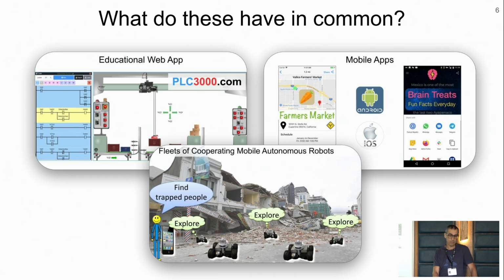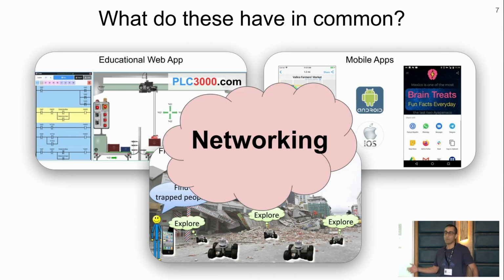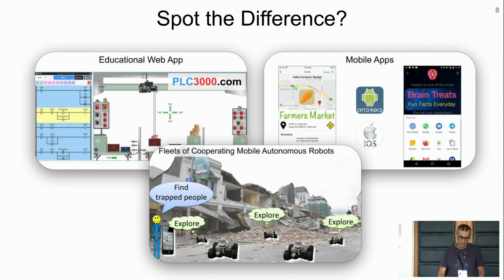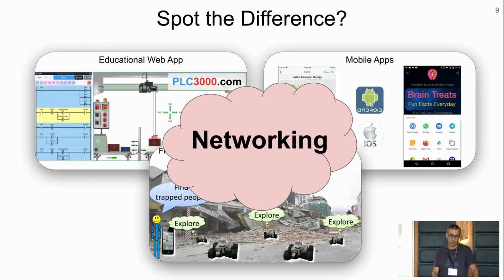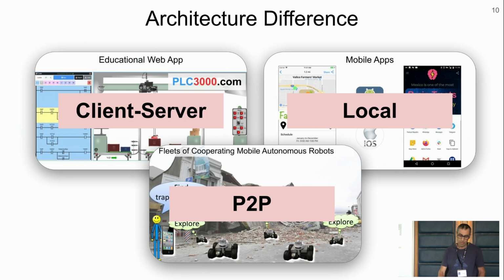Not much, but they all involve some kind of networking at some level. And if we analyze to see what the differences are, beside the functionalities or the platform, networking is also a difference because they have different architectures.